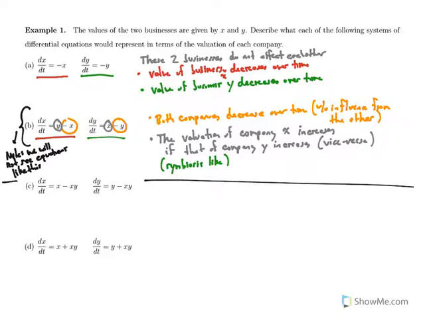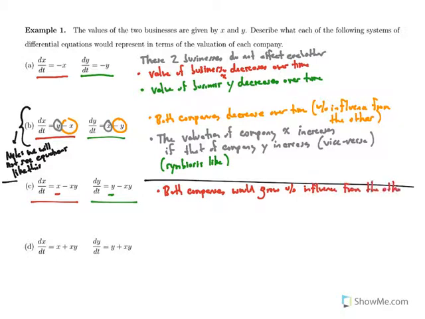So here, and this looks like the equations we built in the lecture video, dx/dt has a positive x here, and dy/dt has a positive y. So that says that both companies would grow without influence from the other.